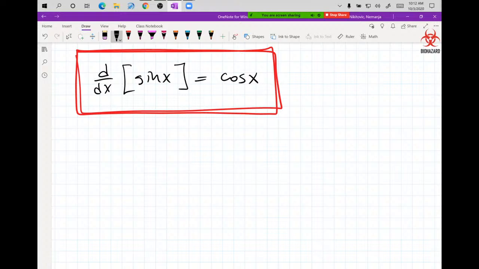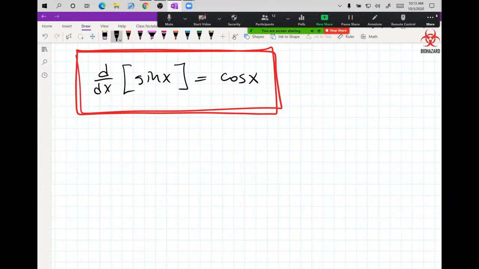You can go and do exactly the same procedure for cosine x and do these calculations. The cosine addition formula is cosine x cosine h minus sine x sine h.